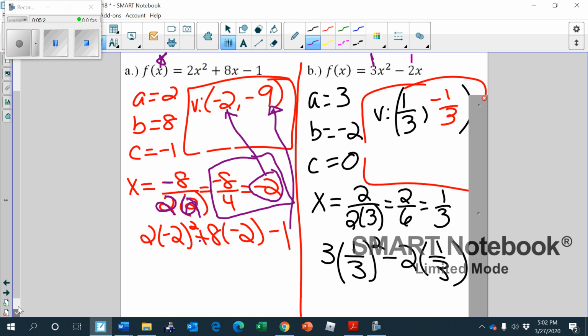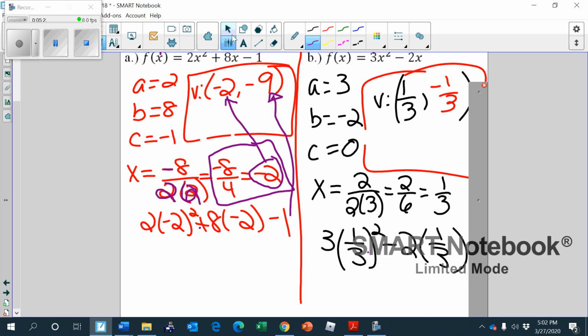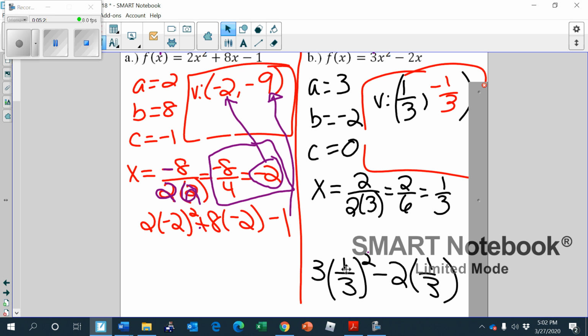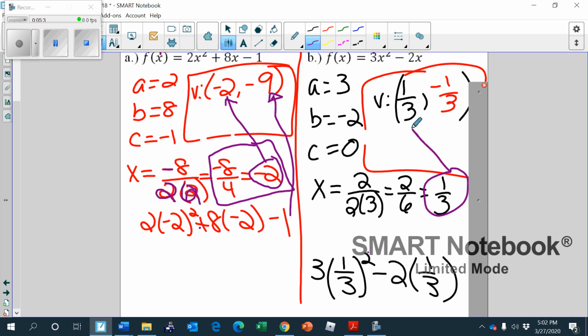So in your calculators, let's keep it as that fraction. Hold on, let me move this down so you can see it better. There we go. So again, this 1/3 is the x value of the vertex. So when we write our vertex, we can write 1/3. And then we're going to plug 1/3 into our original equation. So that's why I'm plugging the 1/3 in here and here. So you have 3 times parentheses 1/3 squared minus 2 times parentheses 1/3.